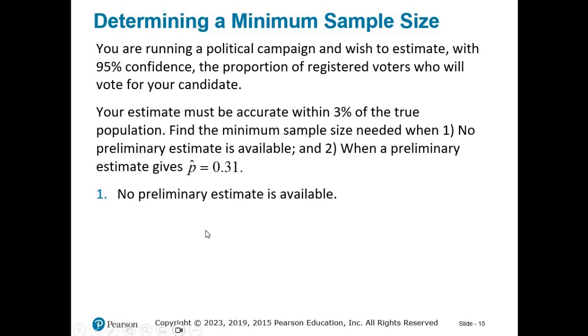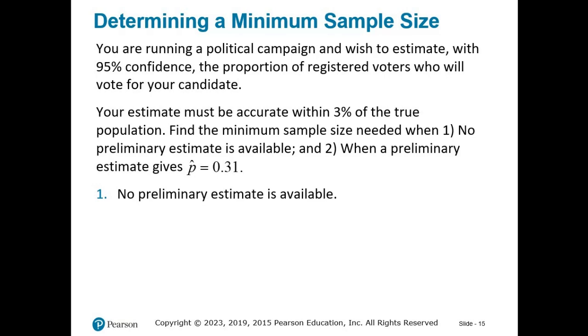Okay, let's first look at the situation when no preliminary estimate has been given. You haven't done any sort of canvassing, and you really don't know what the proportion of people supporting right now. No preliminary estimate is available. So we know we're looking for a confidence interval for a proportion. We don't have P hat or Q hat, so we're going to have to work with those values that we talked about at 0.5. So what values do we have for the formula for finding the minimum sample size?